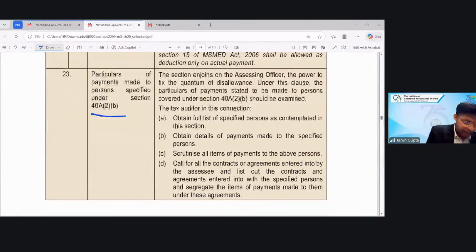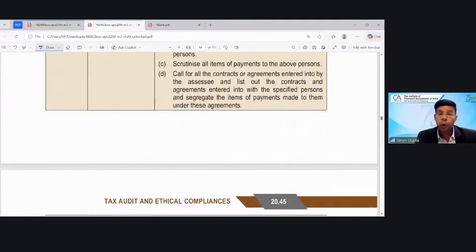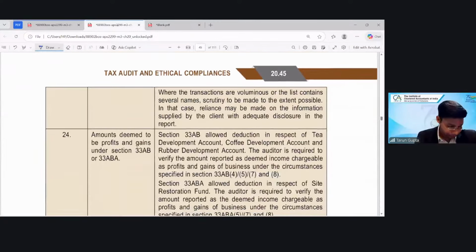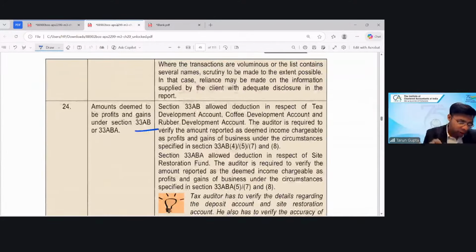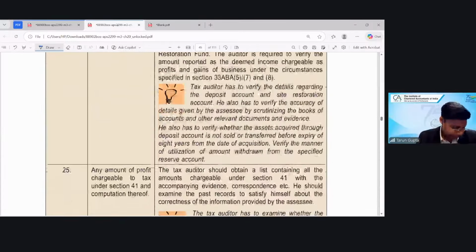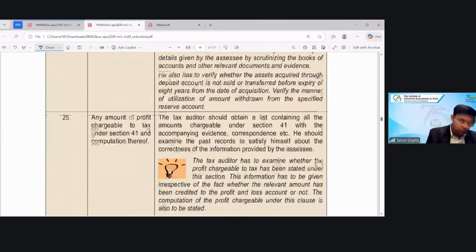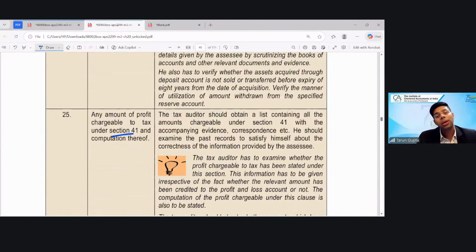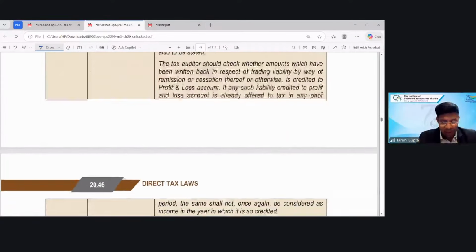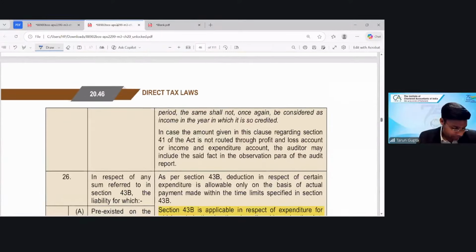Then 23B gives the amount paid to a relative or a specified person and the actual arm's length price of such amount. Then in clause 24, you have to give the deemed gain under section 33AB or 33ABA. Then under clause 25, we need to disclose the income taxable under section 41 if there is any cessation of liability.